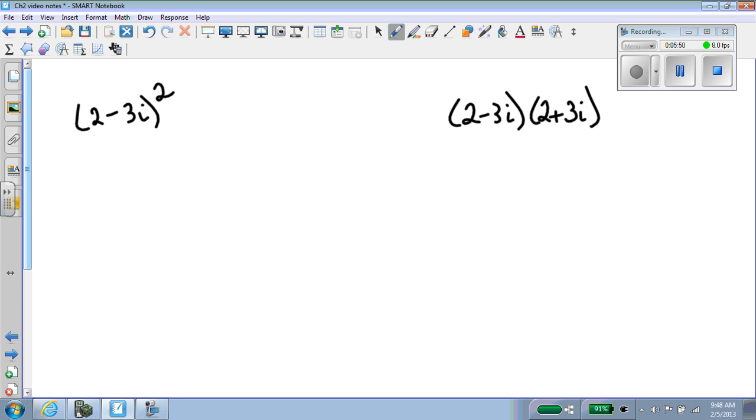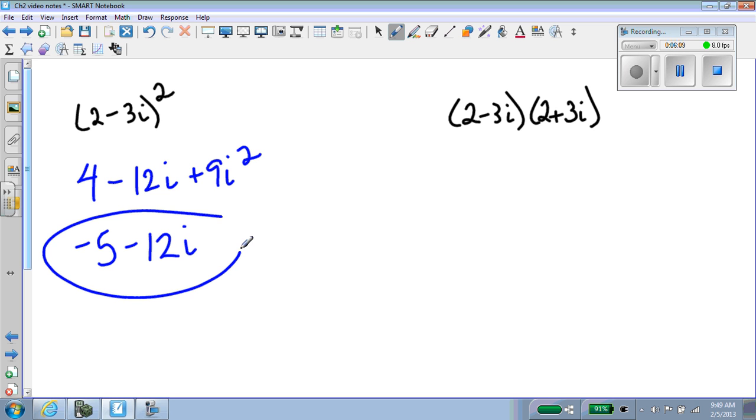Okay, squaring, so we'd get 4 minus 6i minus 6i, so minus 12i plus 9i squared. So that would be 9 times negative 1, so negative 9. So negative 5 minus 12i. This is an interesting problem because we sometimes look at this and say, oh, it's the difference of two squares kind of look, and it is.